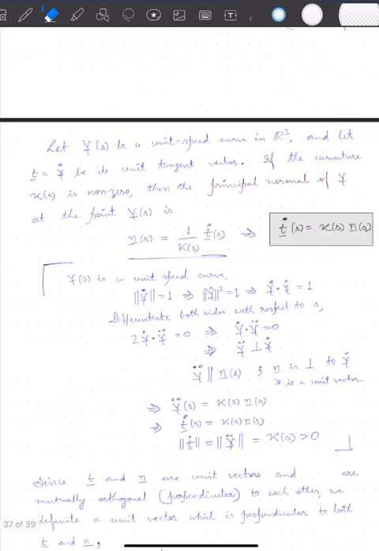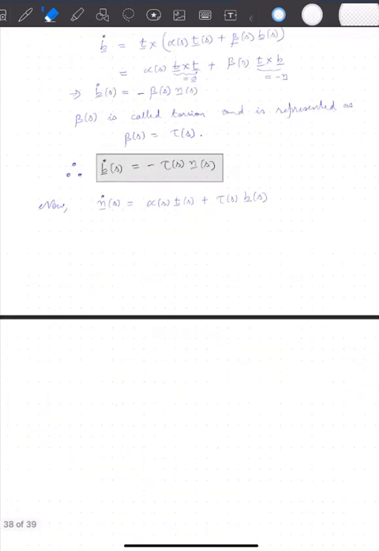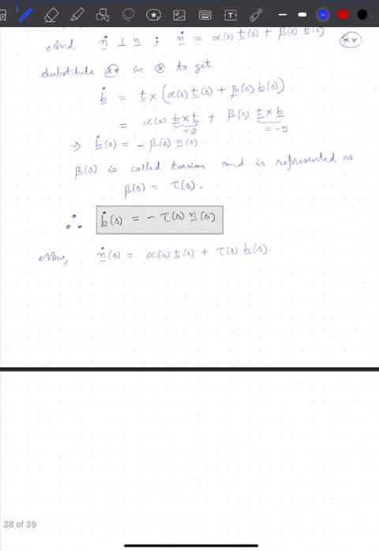We can differentiate with respect to S. So N vector dot N is equal to 0. This is already done.